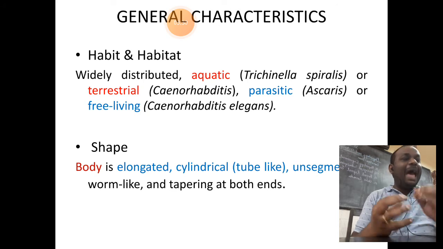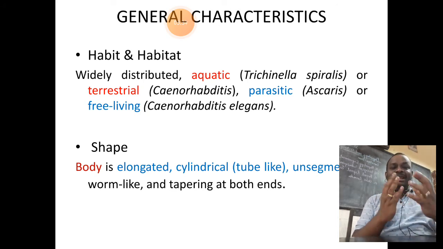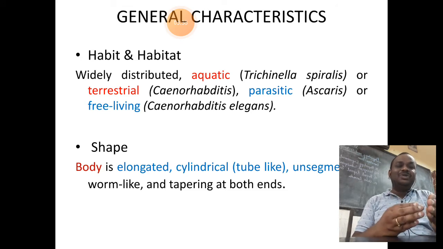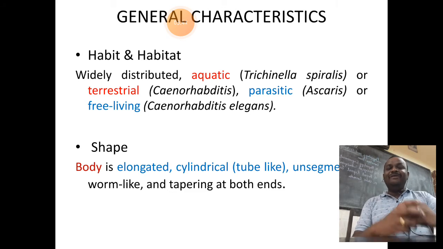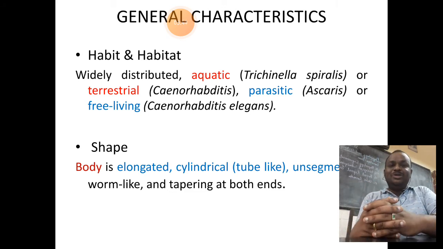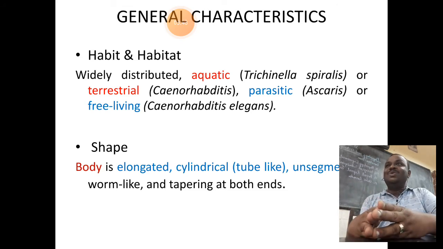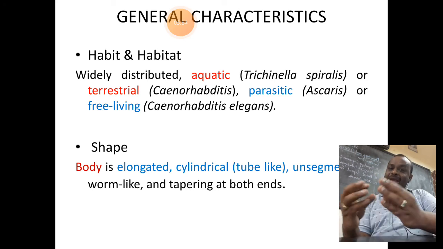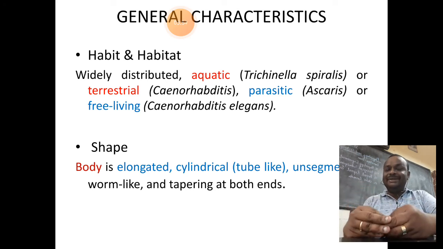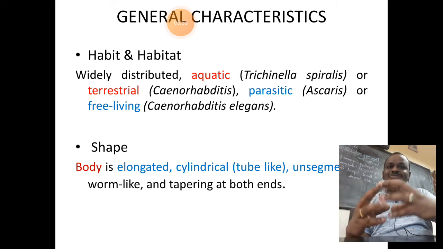Students, remember, habit refers to the general appearance of an animal. Habitat refers to the dwelling place or living place of these organisms. When we look at these animals of nematodes, they are widely distributed.